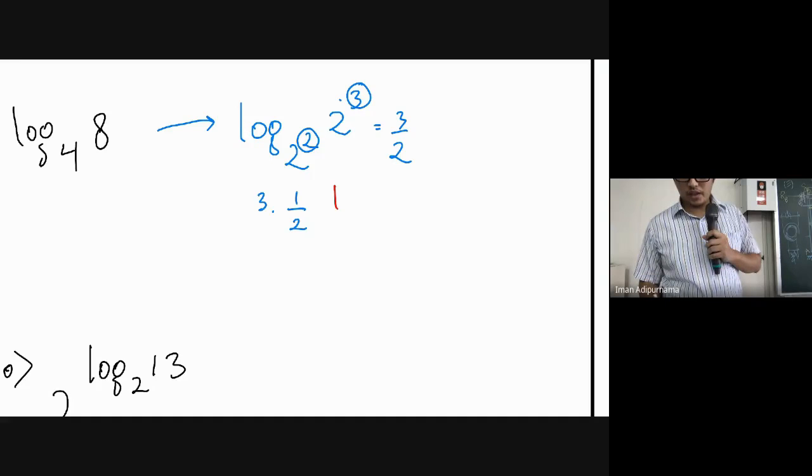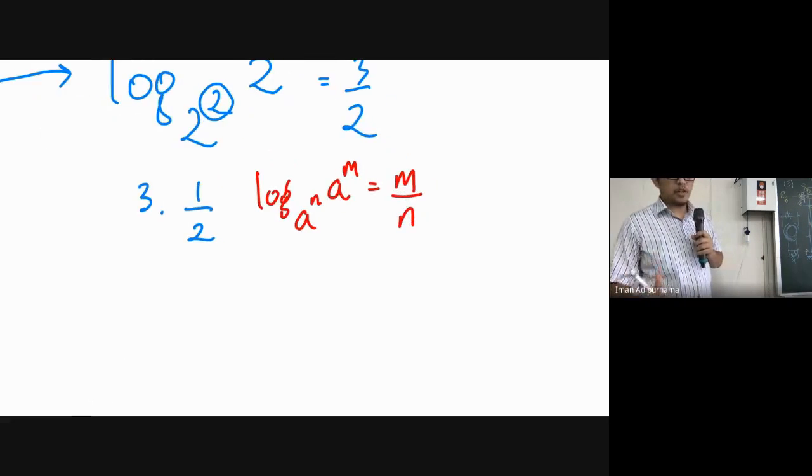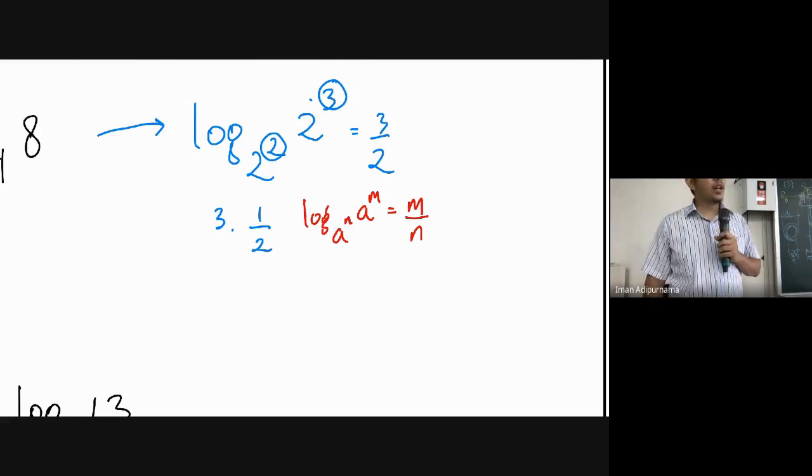So you can write, if you have n, a, m, so this becomes m over n. Okay, but remember the requirement. You need to have the same a here. Then you have the m over n. Okay, got it?